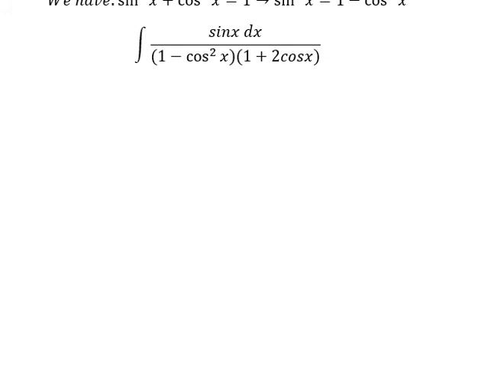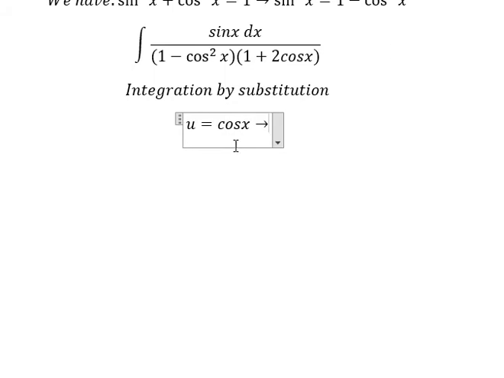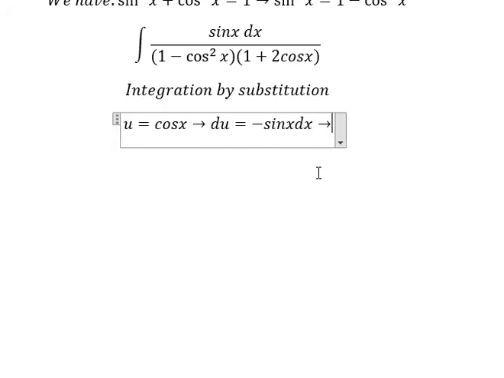Next, we need to use about integration by substitution. So I will put u equal to cosine x. So if we do first the derivative for the both side, we have negative sin x dx.